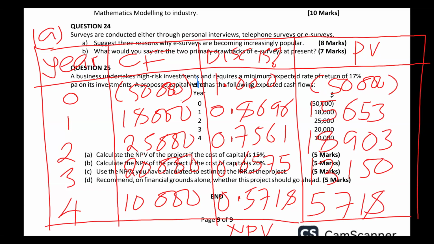This is what I meant by consolidating the present values. Add them, then you deduct 50,000. What is your NPV? Very easy, eh?